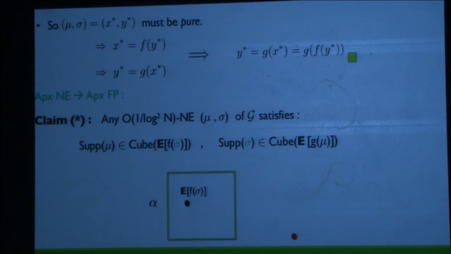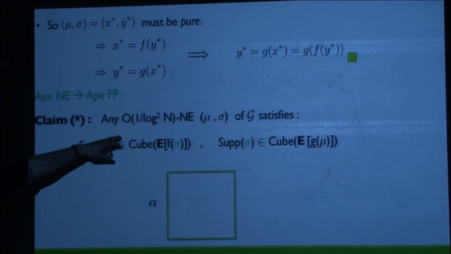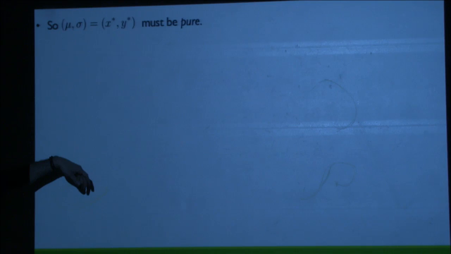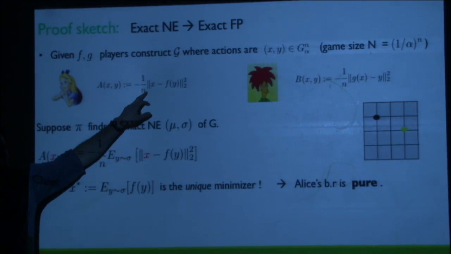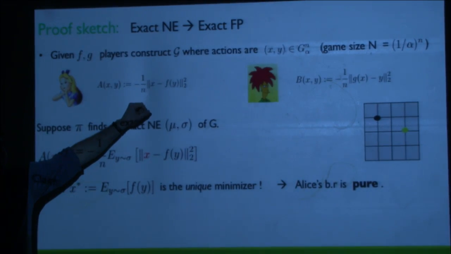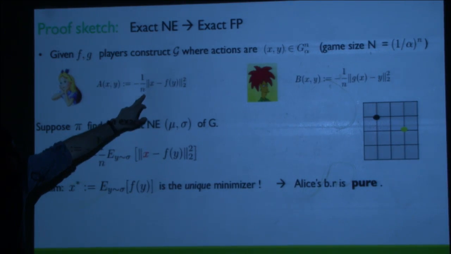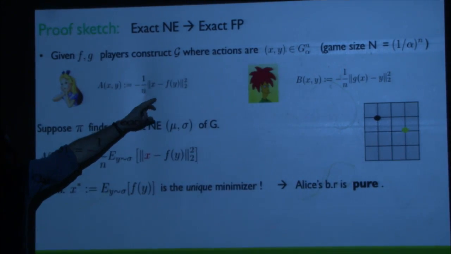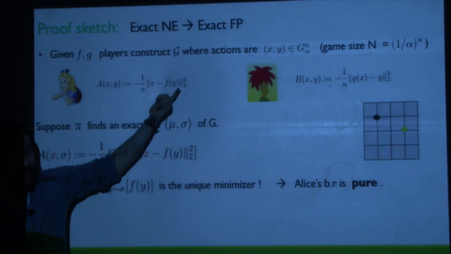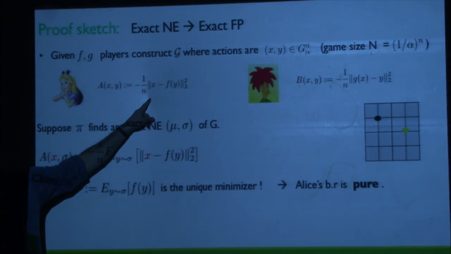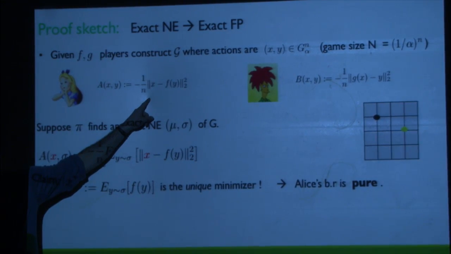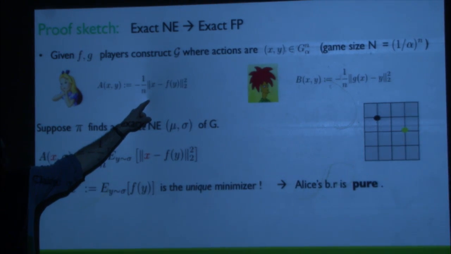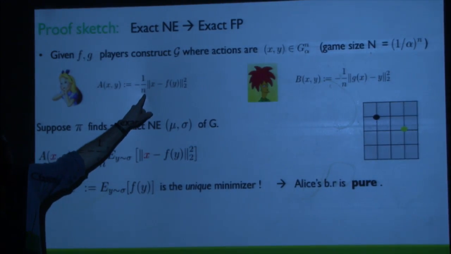So why do you get log n? The reason is that, remember, because we're using the L2 norm, we have to normalize the payoff by the dimension. Little n is the dimension.